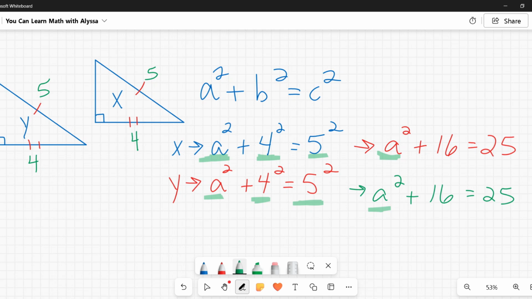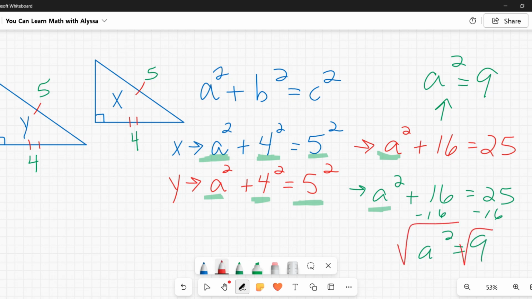What are those numbers in this case? Here, if I subtract 16 from both sides, on this one, I'm going to get that a squared equals 9. Down here, same thing. I subtract 16 from both sides to get rid of it. A squared equals 9. I'm going to take the square root of both sides on both of them. And in both cases, I'm going to get that a is equal to 3.